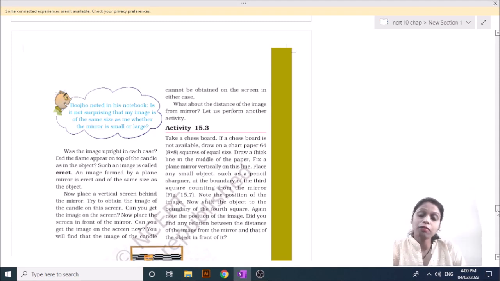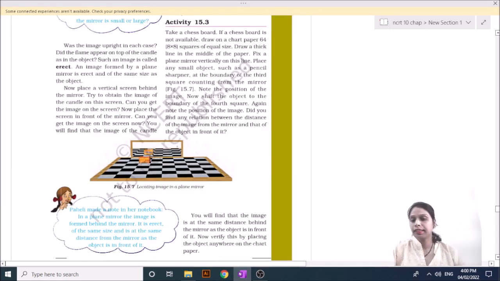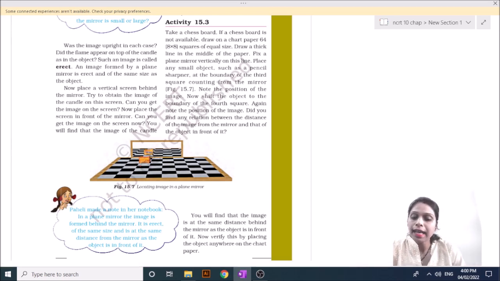Now we take one more activity. In this activity we take a chess board like this, and in the middle of the chess board we keep one plane mirror, take a sharpener, keep it in front of that and move the sharpener here and there. What will you observe? You will find that the image is the same distance behind the mirror as the object in front of it.